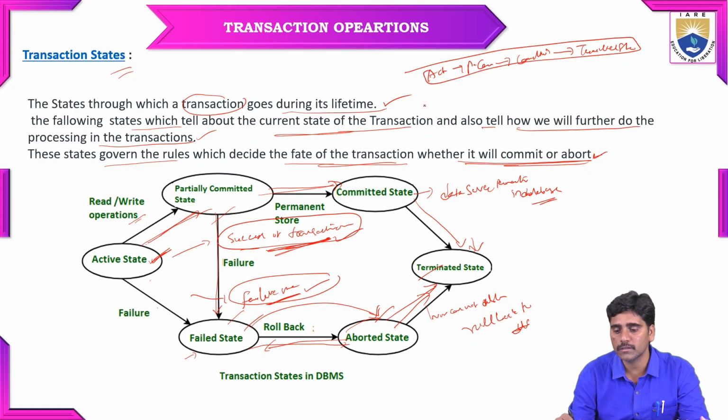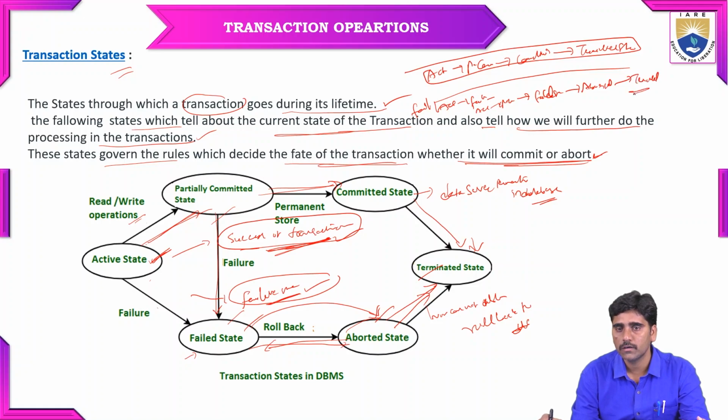But if any transaction fails, then it is like this: active state to failed state, or active state to partially committed state, then next move to the failed state, then next move to the aborted state, then next move to the terminated state. So this is the way the states are performed for each and every transaction.